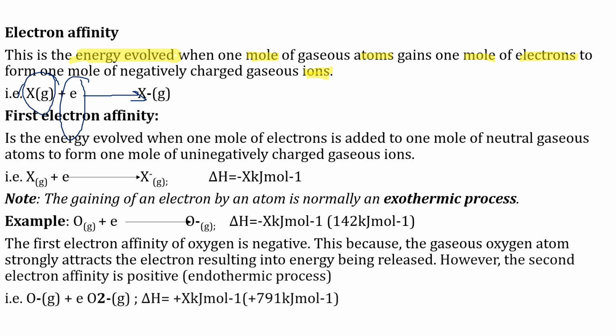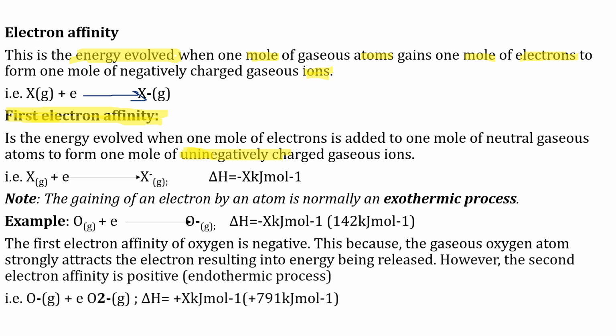So electron affinity, just like ionization energy, is divided into two. Here we have the first electron affinity together with the second electron affinity. As I explained in ionization energy, for the first electron affinity, we are going to be adding an electron, or 1 mole of electrons, to form a uninegative ion. Uni shows that it's singular, it's one.